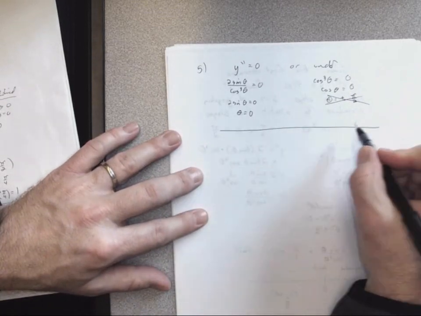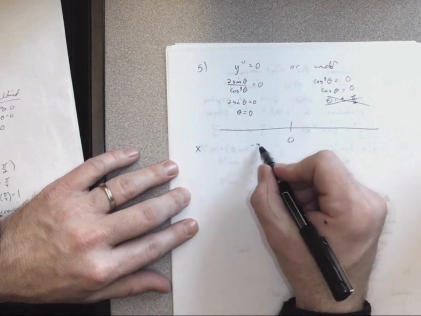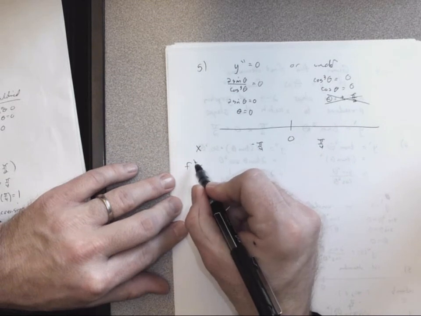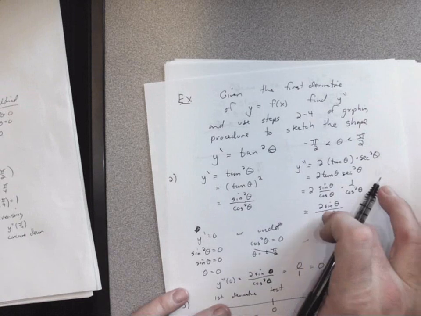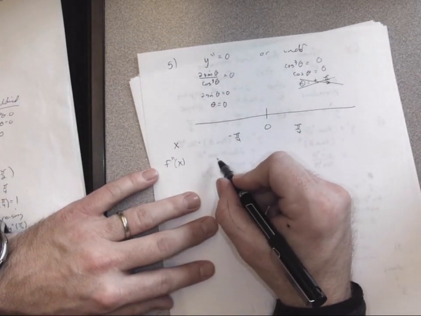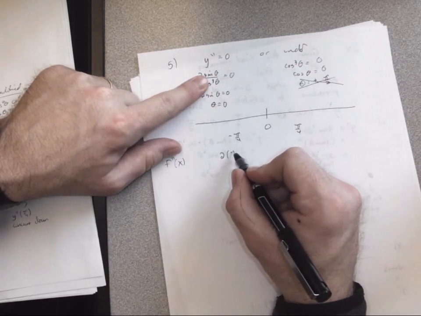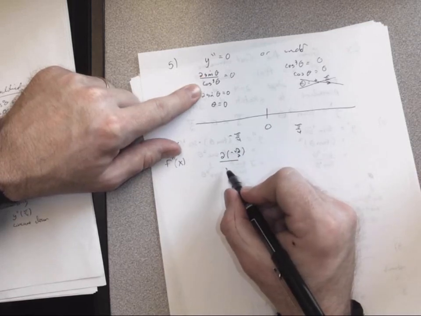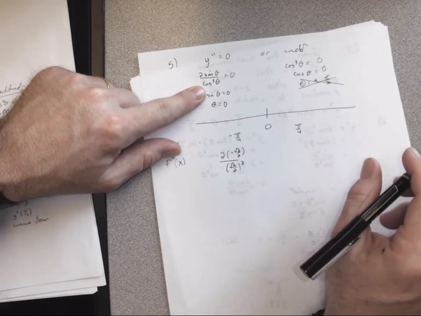So when we're looking at the domain, I know I'm just going to cut it at 0. Picking your x values, I'm going to still use that minus pi over 4 and that positive pi over 4, and plug that into our second derivative. So this is going to be equal to 2 times, for minus pi over 4, sine is going to be minus root 2 over 2, all divided by the bottom, cosine, which is going to be positive root 2 over 2 cubed, right?